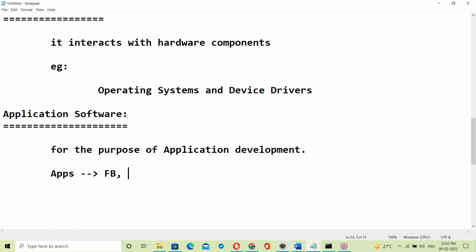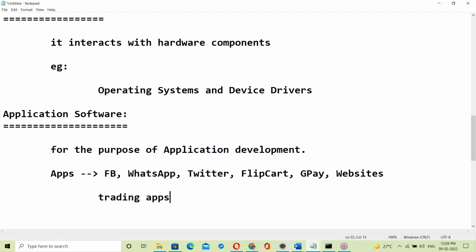Daily used applications: Facebook, WhatsApp, Twitter, Flipkart, Google Pay. These are applications. Also websites, company websites, banking applications, trading apps, online applications, all the applications.